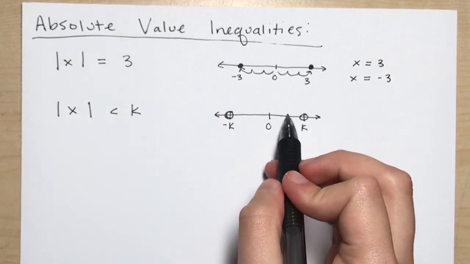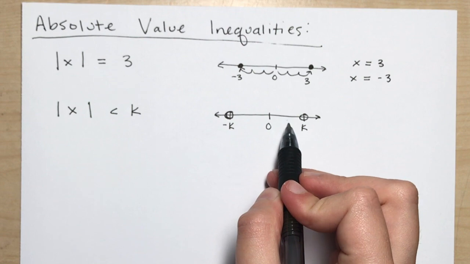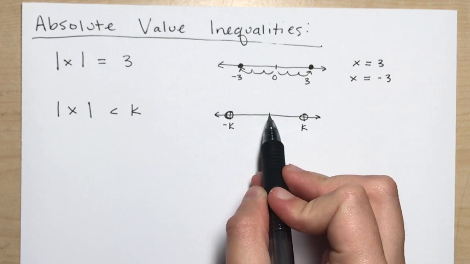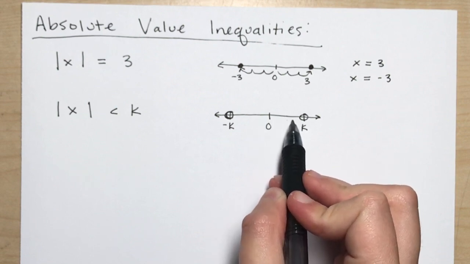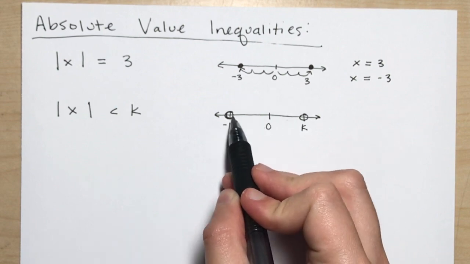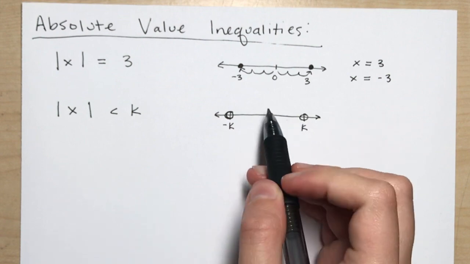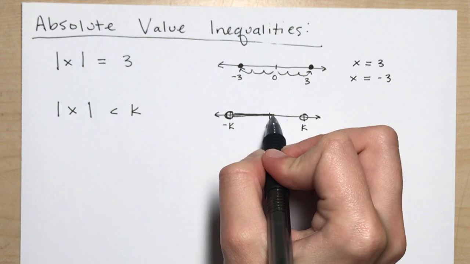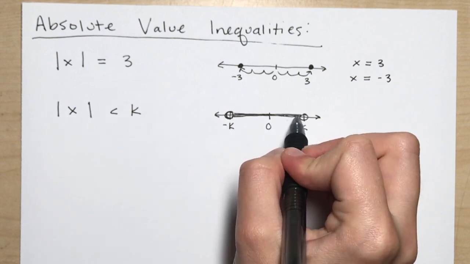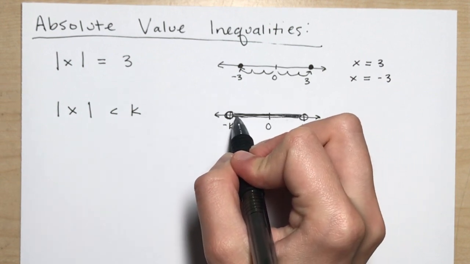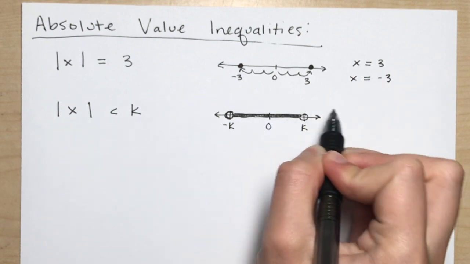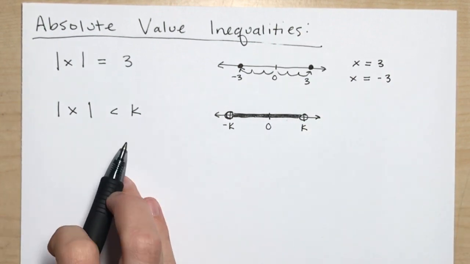But if I take something that's a little bit less than k, the distance between this number and 0 is less than k. So this is included, as are all of the other numbers in here. Everything that's less than k is included. These are all of the x values that satisfy this statement.